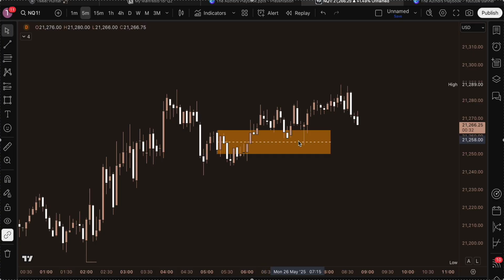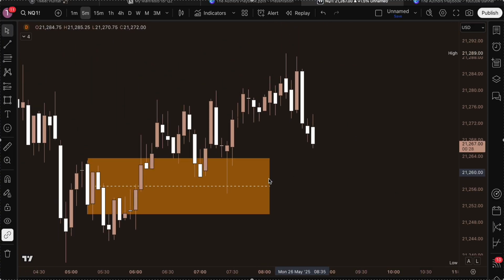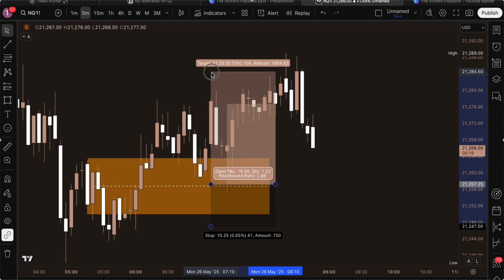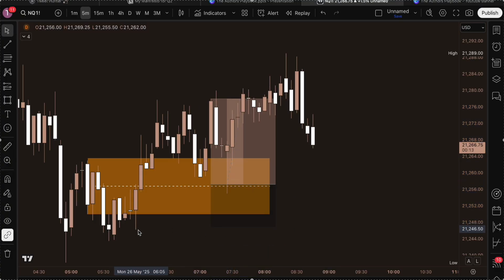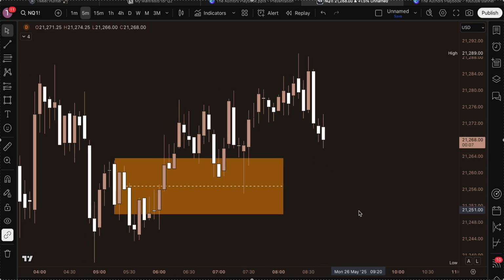We had a liquidity sweep, an offset accumulation right here. On this drop down, you can enter again at the mean threshold. Stop loss here. Aim for a 1 to 2. Well, it was a 1 to 3, but let's say a 1 to 2. And yeah, that's your entry again. Your stop loss right here. That is a mitigation block.